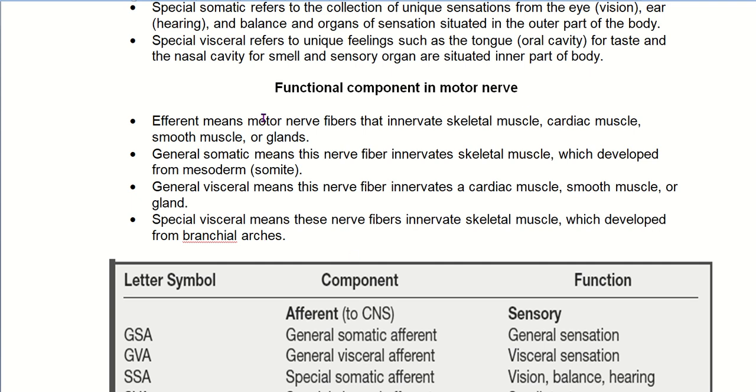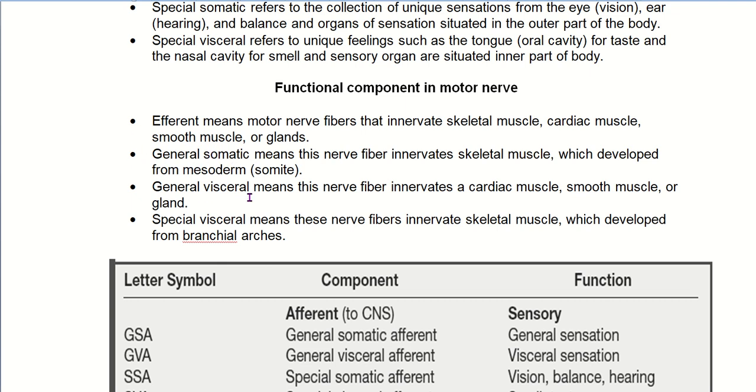So in motor nerve, efferent indicates motor fiber. General somatic means skeletal muscle which develops from somite, and it controls the voluntary movement.